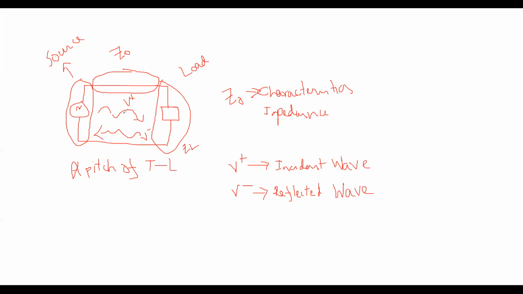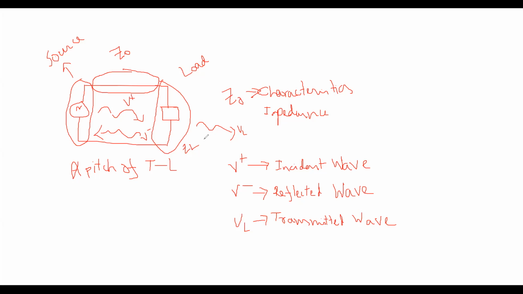V minus is the reflected wave. And this is the transmitted wave, VL. Incident, reflected, transmitted: three kinds of waves are there.